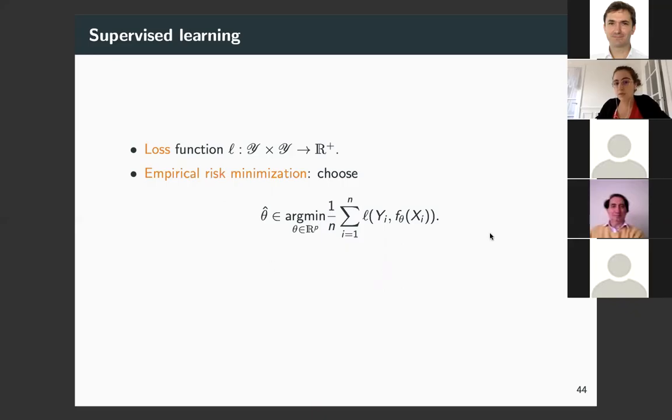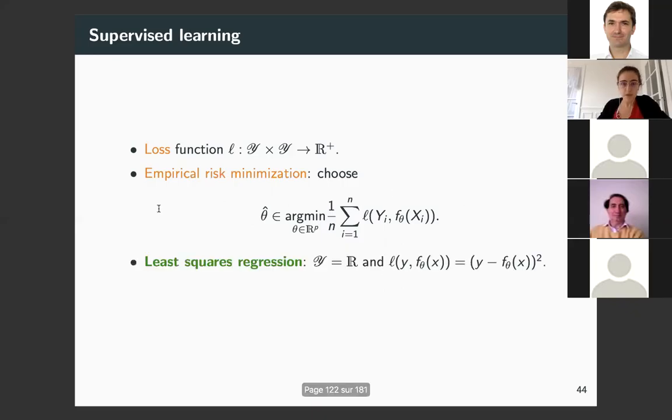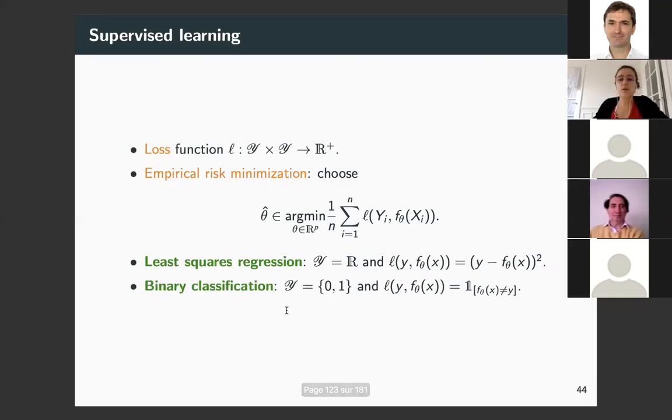And I sum this over all the data points I have. So for example, in least squares regression, I just take the L2 norm between Y and f_theta of X. In binary classification, I can take the 0-1 loss, which is equal to 1 when I predict the wrong label and 0 otherwise.